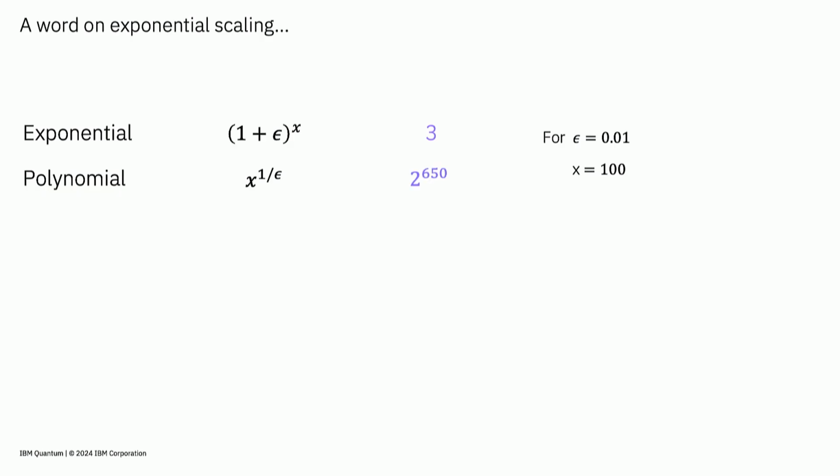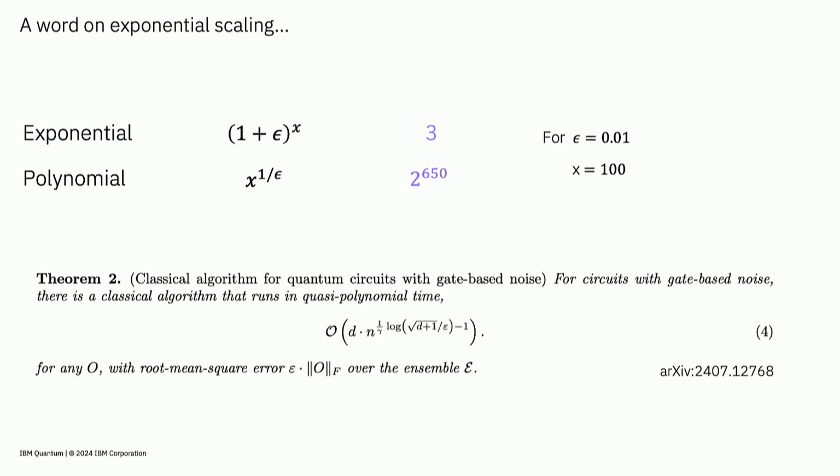And for the polynomial, you get this ridiculously large number, right? So this really highlights that when we compare different methods, and we ask the question, well, is exponential always bad? Are there efficient classical methods with polynomial scaling? It's important to consider how these compare at practical settings.